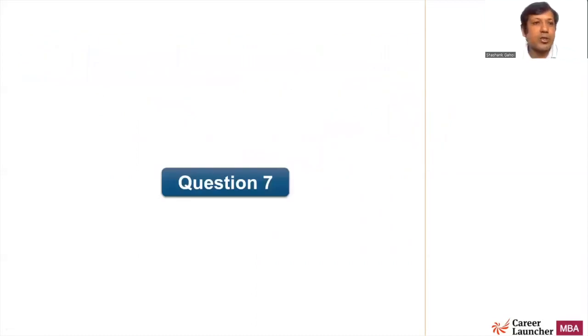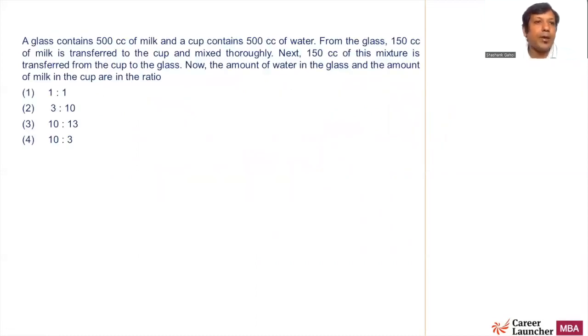Now we are going to start question number 7. This question seems like a question of mixtures and alligation. A glass contains 500 cubic centimeter of milk and a cup contains 500 cc of water.